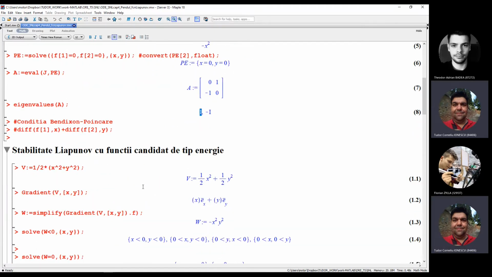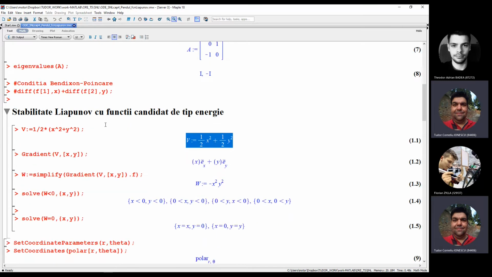Here, for instance, I have a classic Lyapunov function computed. Here I use the gradient. Here is the gradient of the Lyapunov function, and here is the W. So this is V dot. Here I'm solving when this V dot can be negative.